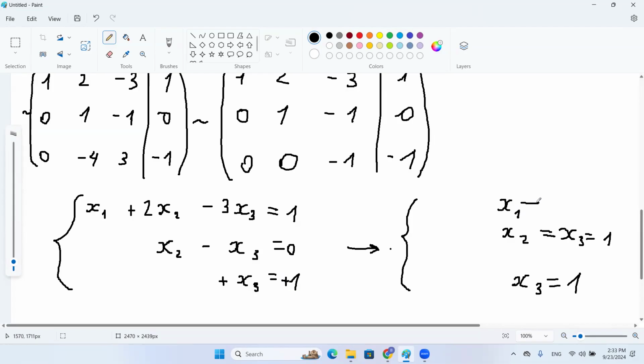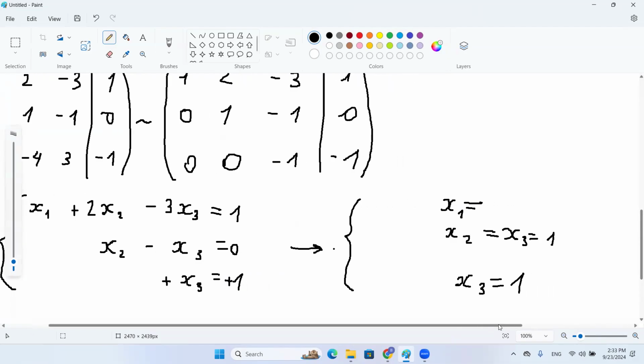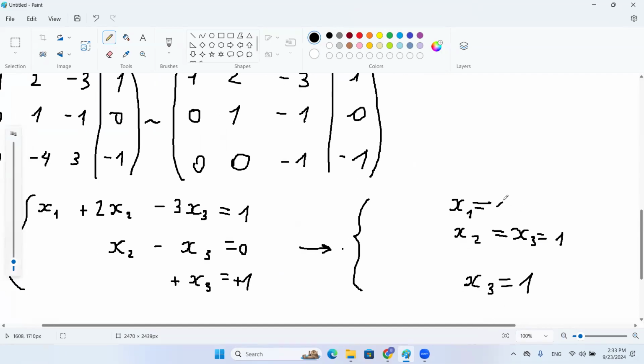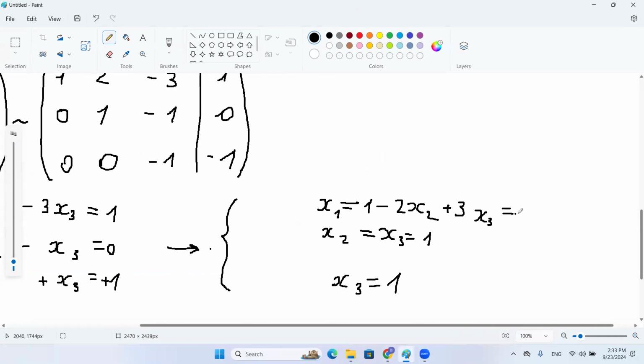So what we do? We just, so 1 minus 2x2 plus 3x3. And it equals 1 minus 2 plus 3 equals 2.